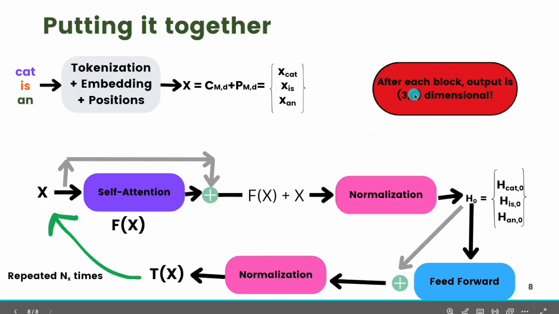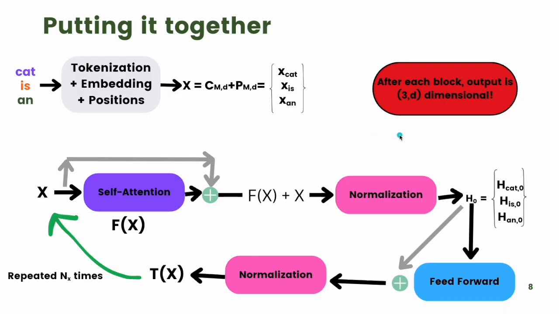So this dimension d is the internal dimension of the model, and this shows up everywhere. And 3 is just the sequence length. So if we had 2 more words added to the sequence, then all the matrices would be 5 cross d. And this is crucial because in my next video, when I discuss how the output is sampled, we would need linear layers to really alter these dimensions appropriately.